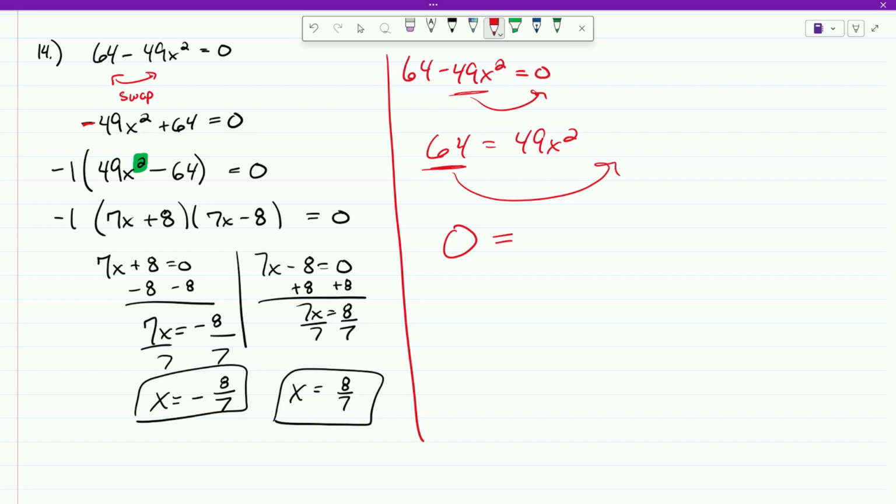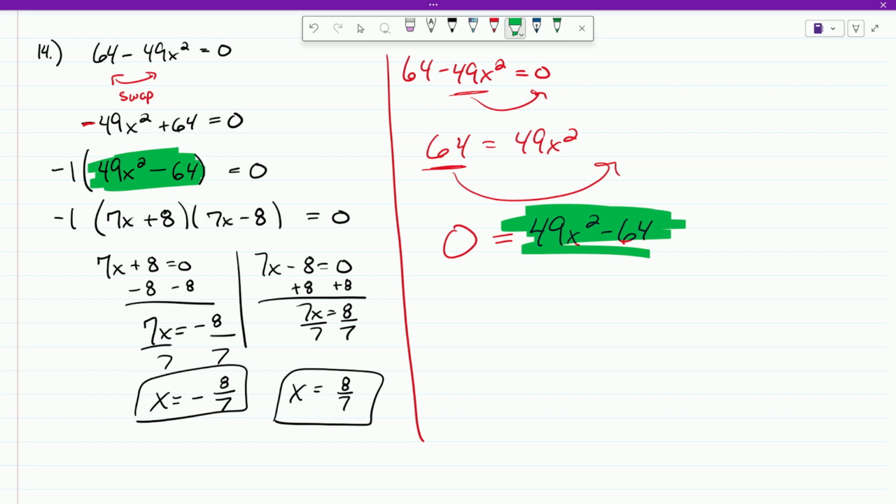So that gives you 0 equals 49x to the second minus 64, which is the same exact thing as right here. So there are 2 ways to approach this. Whatever way you prefer is fine. The idea behind this is we always want that leading term, the degree, to be positive. It just makes life easier. So that's number 14.